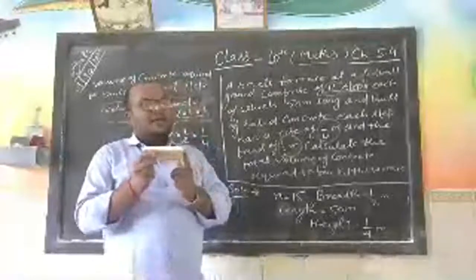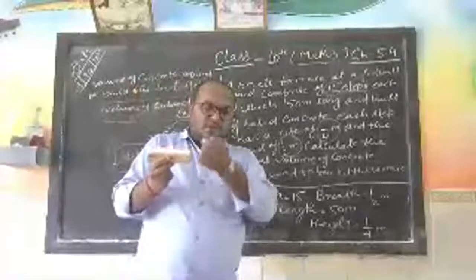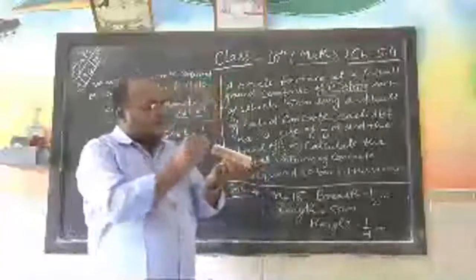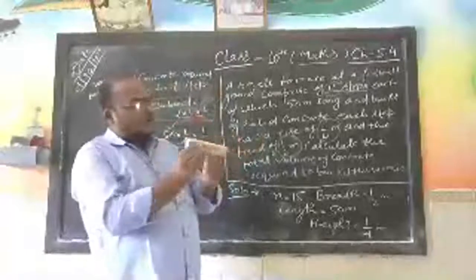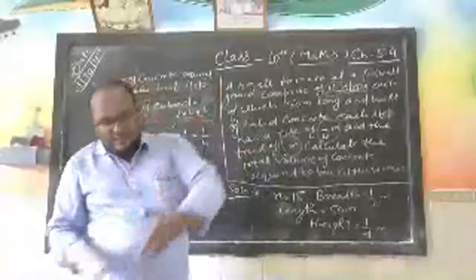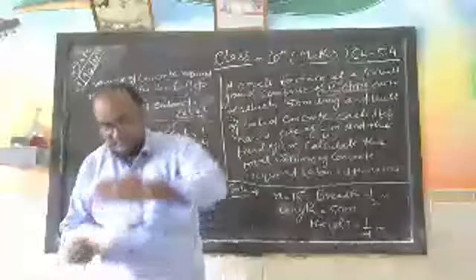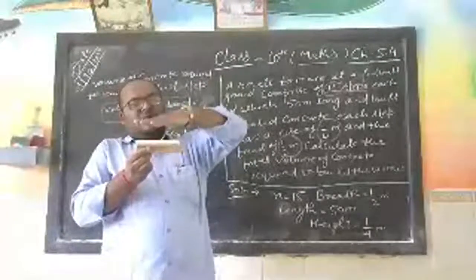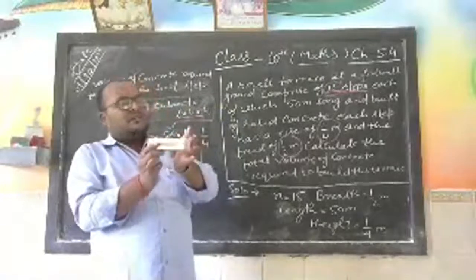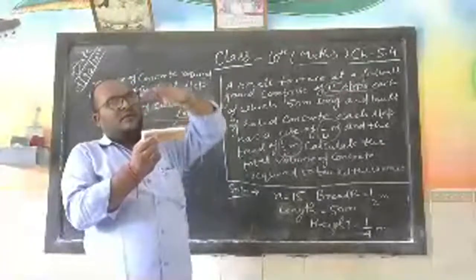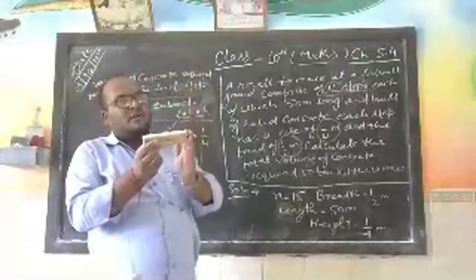But you are looking here, the changes are coming only in the height of the step. So if it is the first step, then the second step will be upward. The height will be 1/4 plus 1/4 for the second, then 1/4 again.